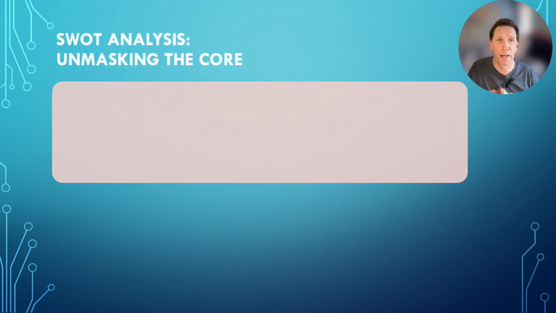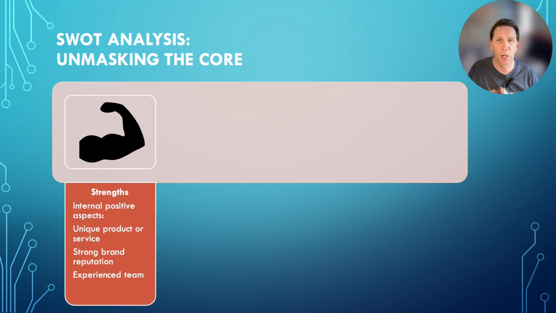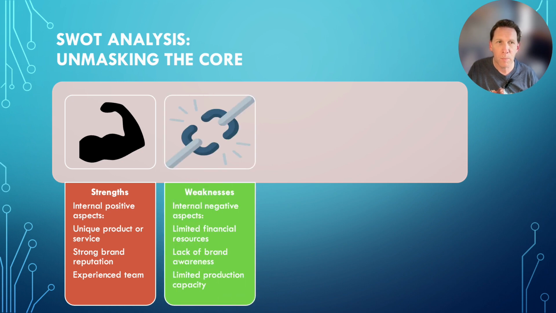Starting with the SWOT analysis, this is where we unmask the core. Our strengths are your internal positive aspects, your unique product and service, things like your strong brand reputation, your experienced team. All of these things are strengths. Weaknesses are internal negative aspects.